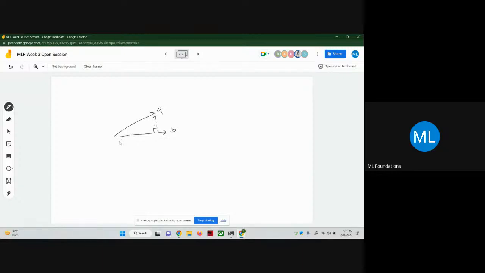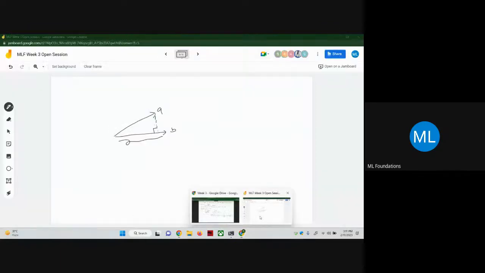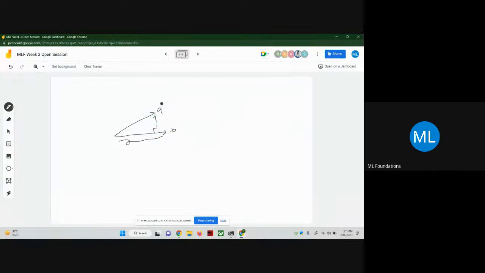This is called the projection of one vector onto the other. Just to make it consistent with the slides, I'm changing to B and A. It is a projection of B onto the vector A.